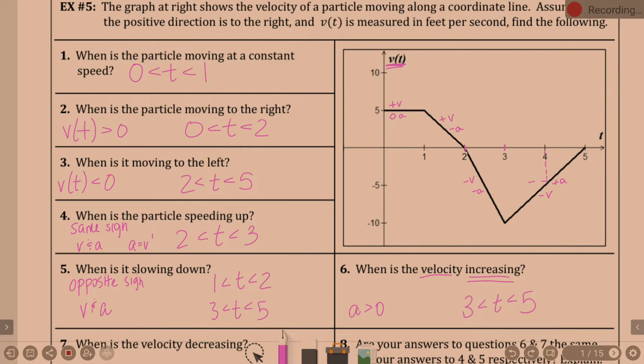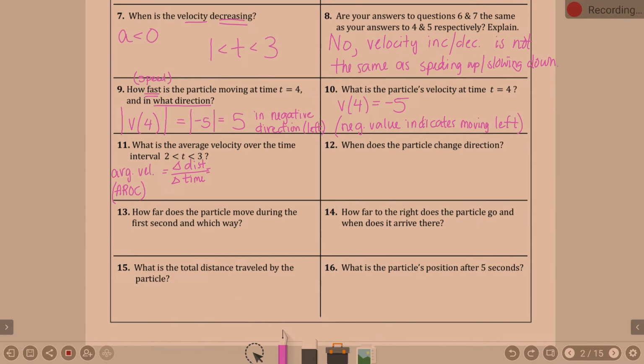Okay. So change in distance. I have delta distance written down, and maybe I shouldn't have put the delta on there. But okay. So generally speaking, velocity is distance over time.